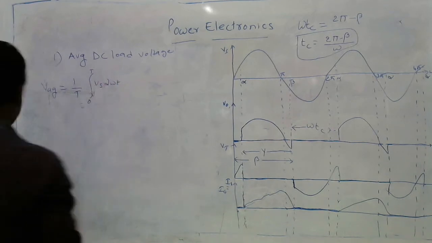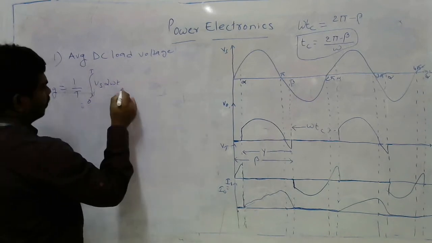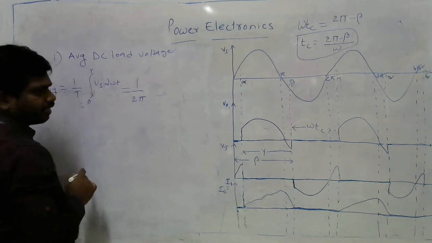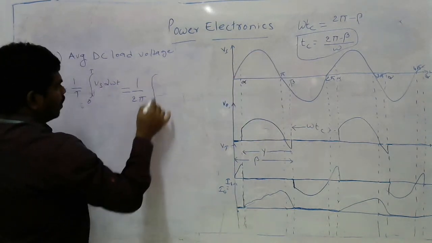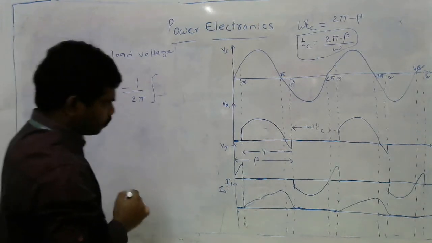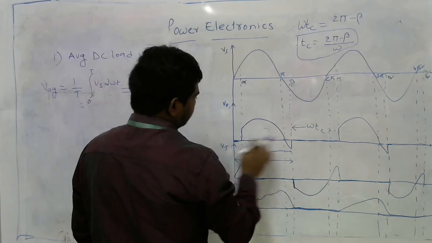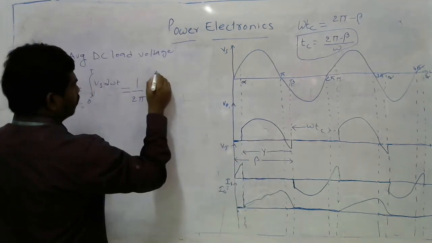This is the equation that we use in calculating the average output voltage at the output side. When you apply this for our circuit operation, this will become 1 by 2 pi. My total time period is 2 pi, and conduction takes place between the instants alpha to beta.